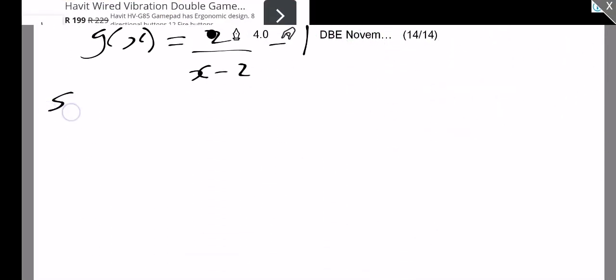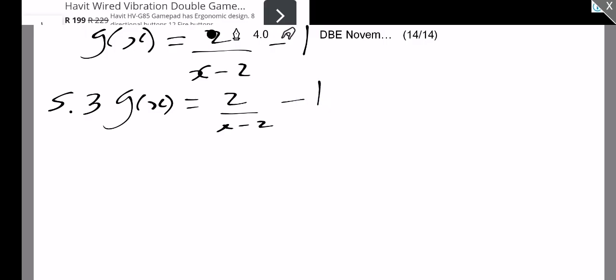Now 5.3, that was 5.3. Okay, I'm first going to start with the hyperbola, since it's here. g of x equals 2 over x minus 2 minus 1.